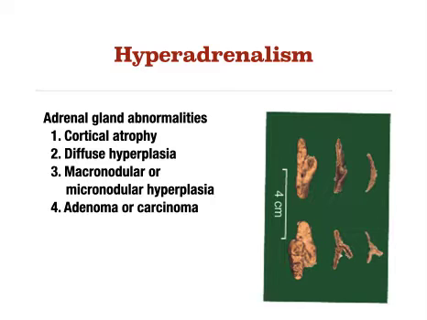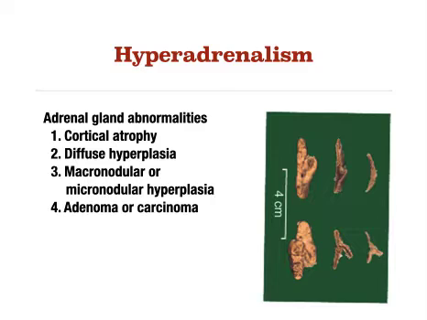Okay? And then you can also have a diffuse hyperplasia of the adrenal gland, which we see in your ACTH dependent Cushing syndrome. So here, expect the glands to be markedly increased in size and weight. It can even go up to 30 grams. Okay? So it's similar to that picture on the left.